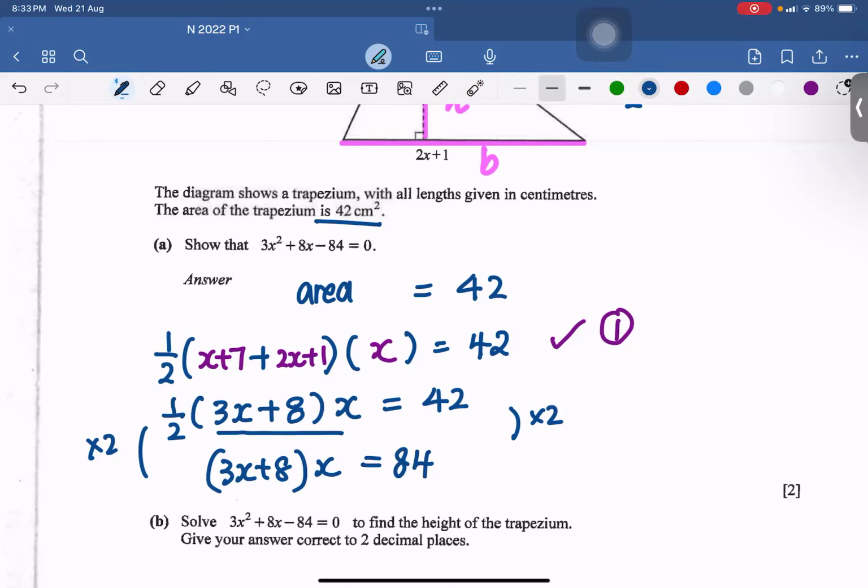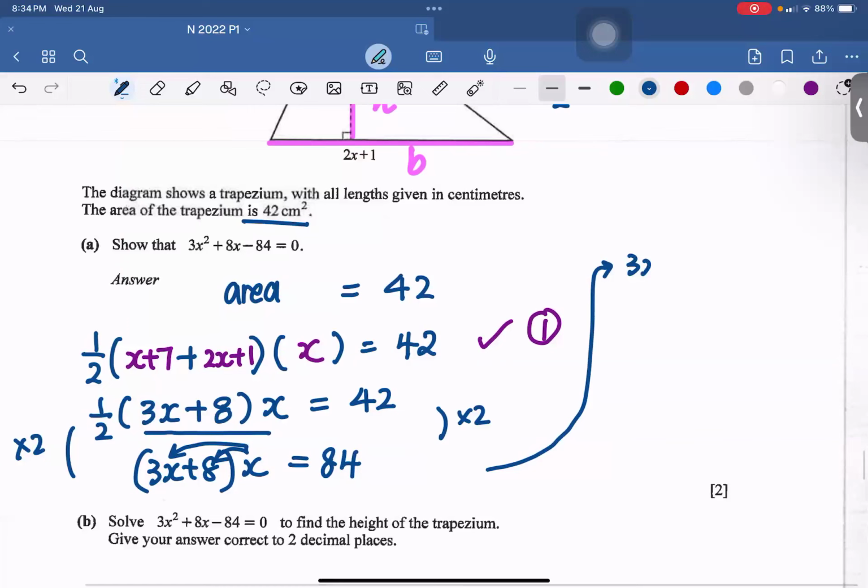Next thing, what else do I need to do? 84 appeared already. Got bracket. What can I do? Expand. Expand it inside. So this one times this one times this. This will give me, let me draw it here, 3x squared plus 8x equals 84.